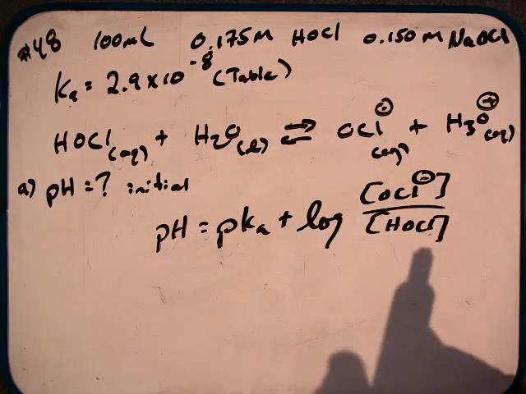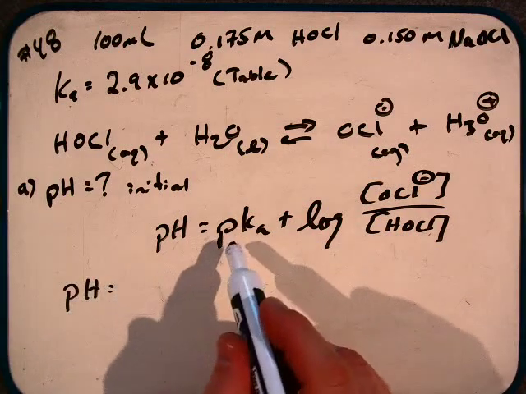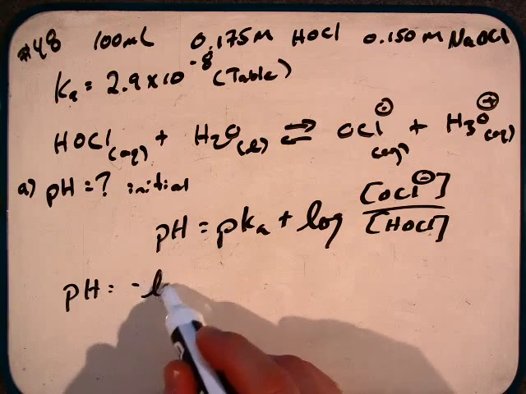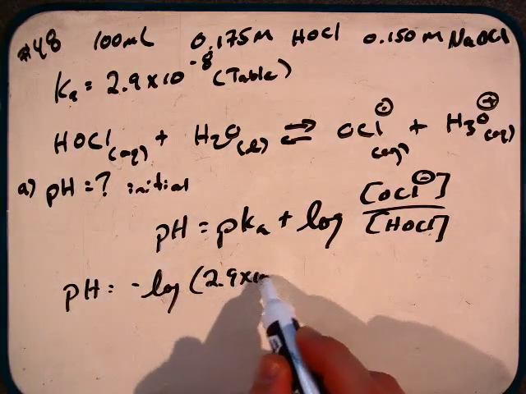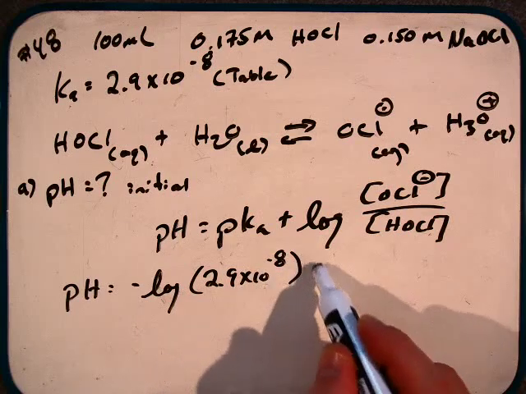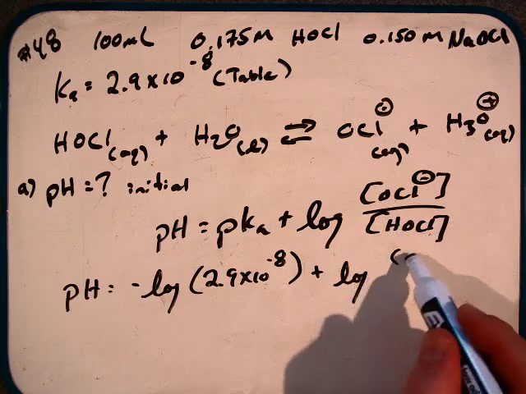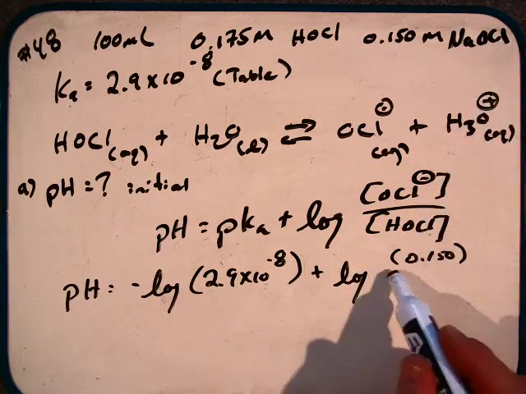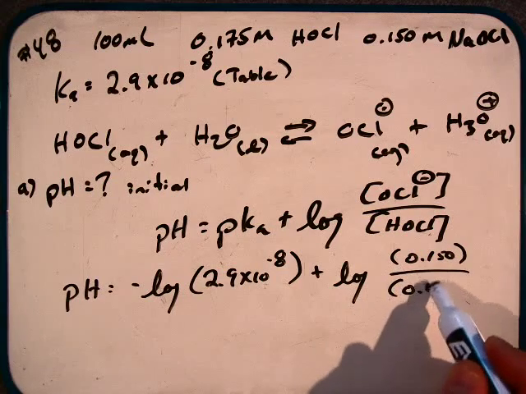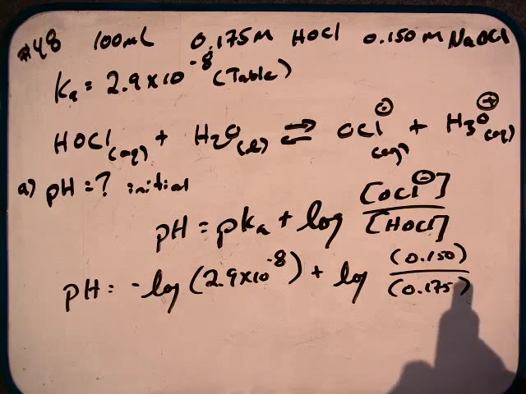And so we can solve for that pH, which would be equal to the pKa, which is the negative log of my Ka. We had to look that up. Plus the log of my concentrations. I have 0.150 molar for my OCl, and I have 0.175 molar for my HOCl, or my hypochlorous acid.